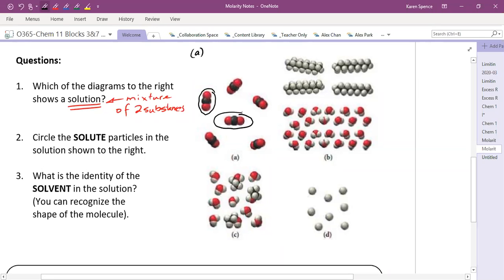Therefore, that's just one type of substance. So A is a pure substance, not a mixture. So A is not a solution because it is not a mixture.